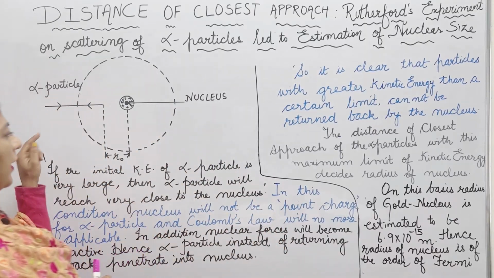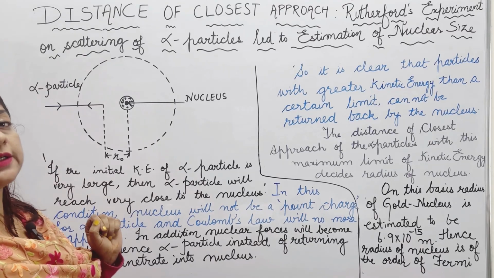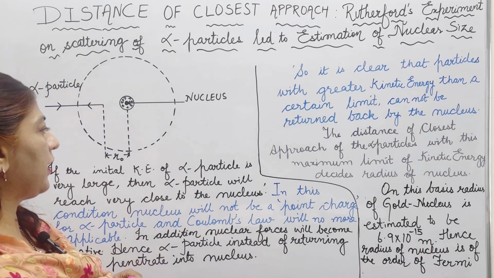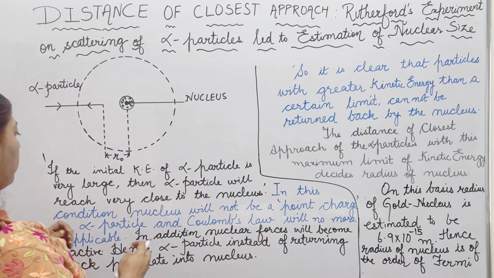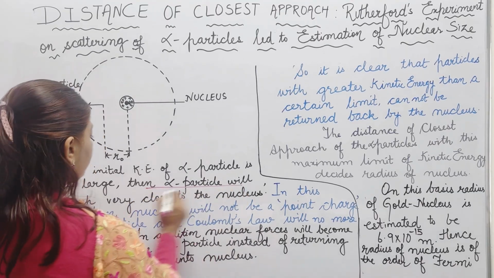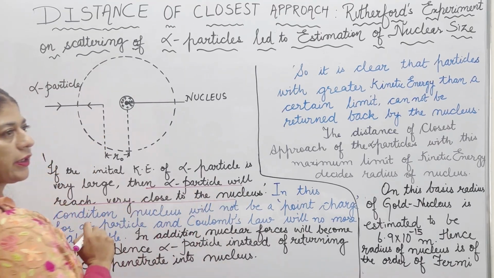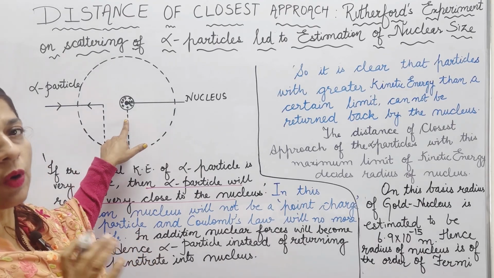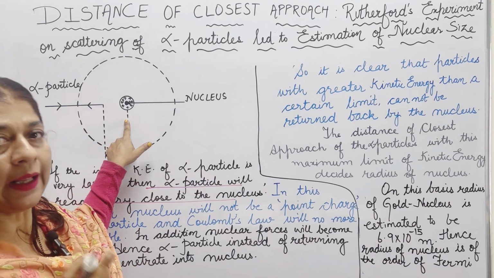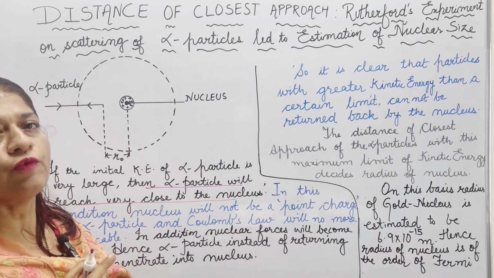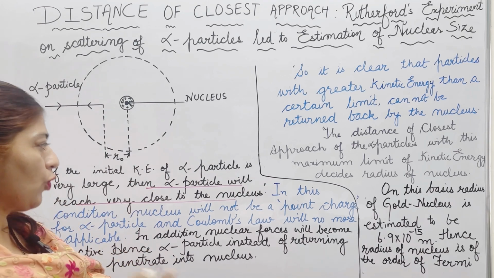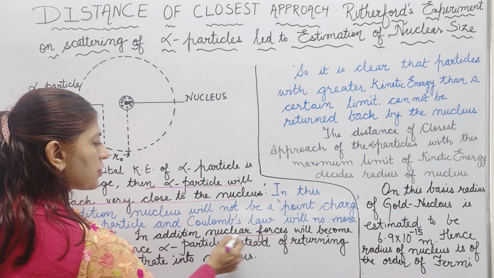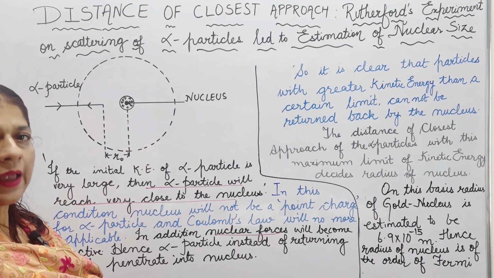Now, there is one more approach to find the nuclear size. If the kinetic energy of the alpha particle is very large, the alpha particle will reach very close to the nucleus. In this condition, the nucleus will not remain a point charge, and hence Coulomb's law won't be applicable. Moreover, the nuclear forces will also come into action.